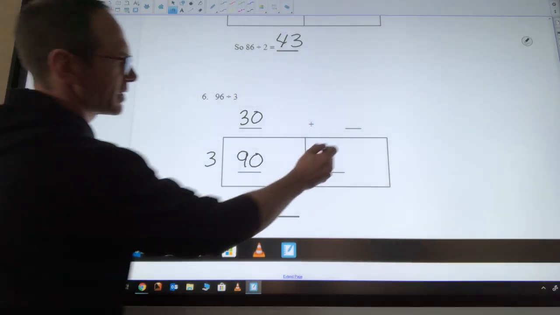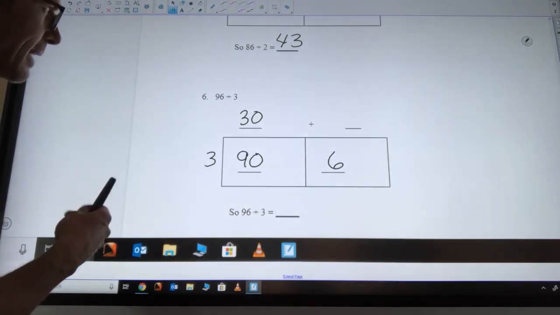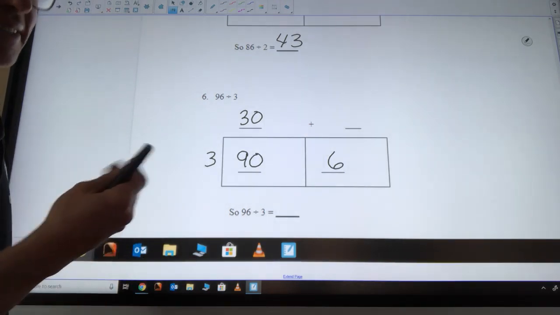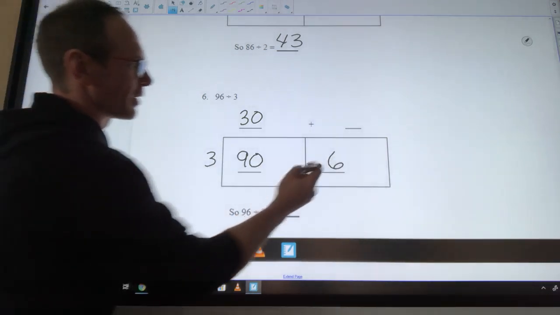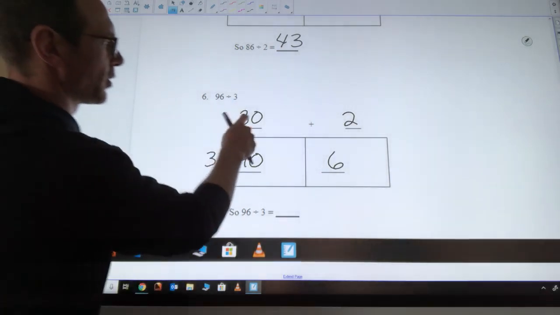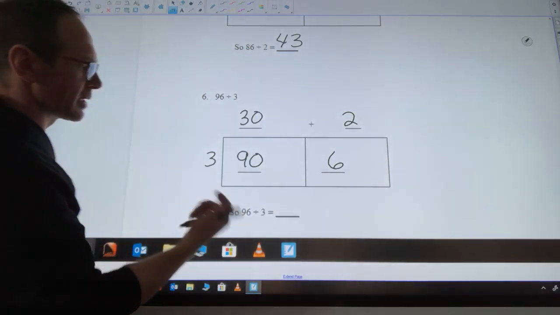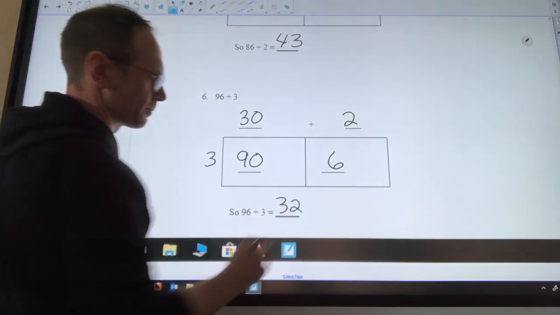Well, 90 plus 6 is 96, or sorry, 96 minus 90 is 6. So now my question is 6 divided by 3. 6 divided by 3 is 2. It just takes 2 3s to get to 6. So now I have 30 and 2. 32 times 3 is 96. So 96 divided by 3 would be 32.